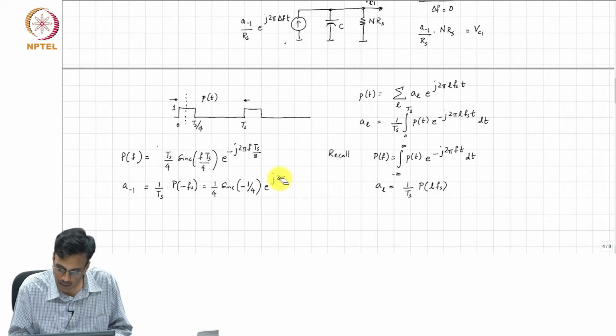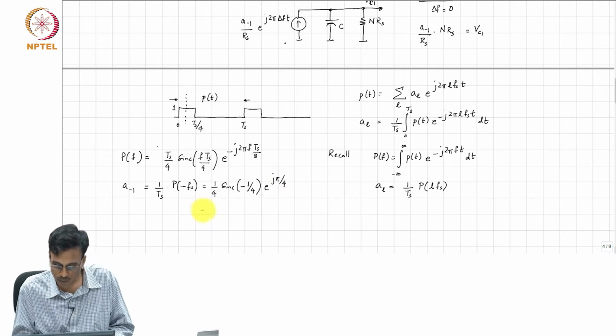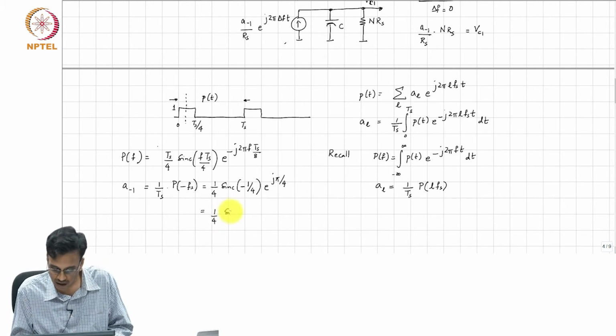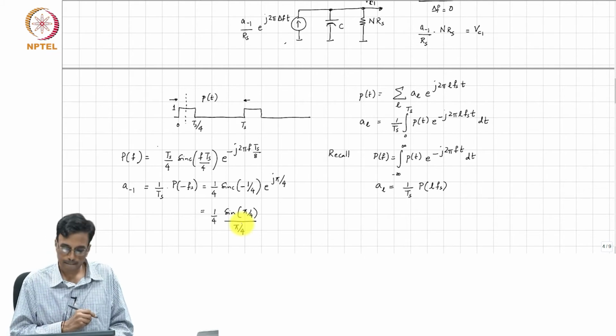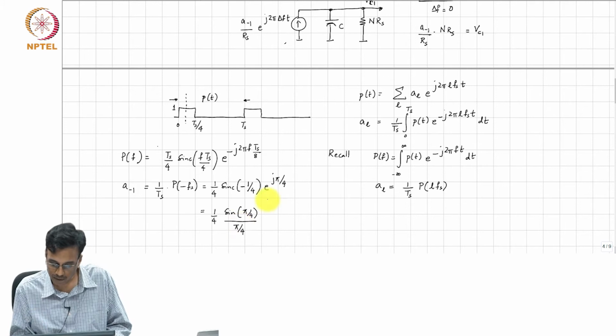That becomes pi by 4. So it is 1/4, and sinc is an even function, so that is basically sine of pi by 4 divided by pi by 4, times e to the j pi by 4.